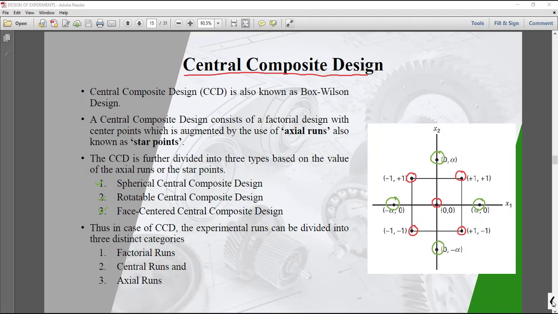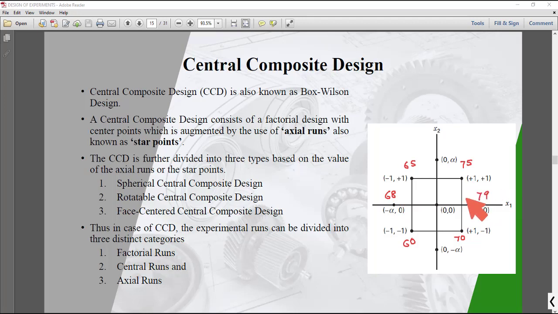Why are these axial runs required? By using these axial runs, we can get more than 2 points on a single curve. Let us take our old example again. This is 60, this is 70, this is 65, this is 75. And in this experimental run, you also got this value as 68, and let us say you got this value as 79.